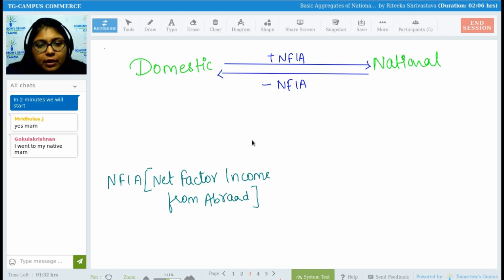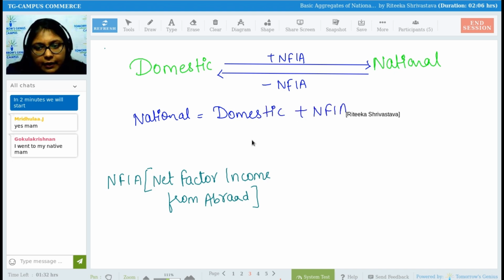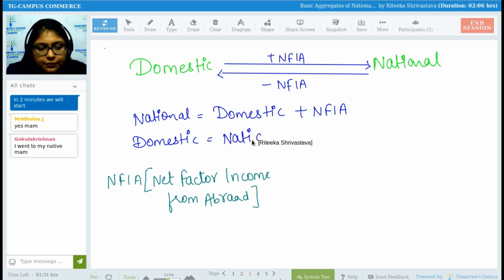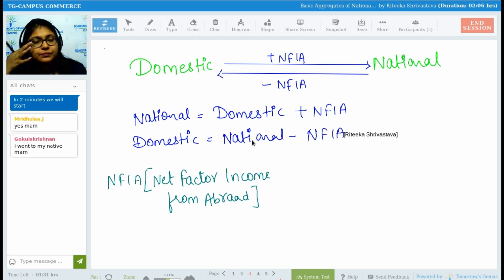Now, in formula form, to find out national income, the formula would be domestic plus NFIA, and if you want to find out domestic income, then the formula will be national minus NFIA.